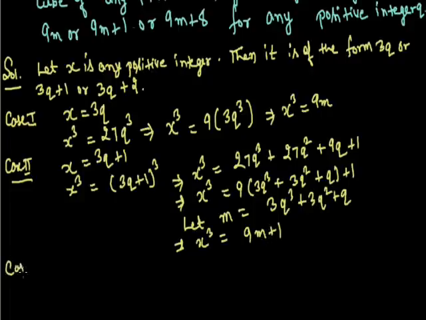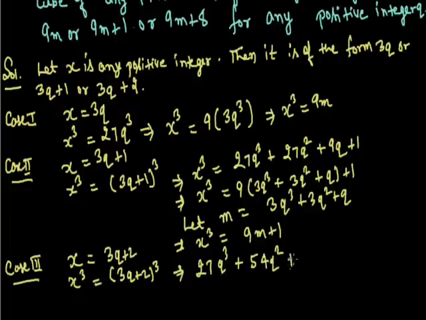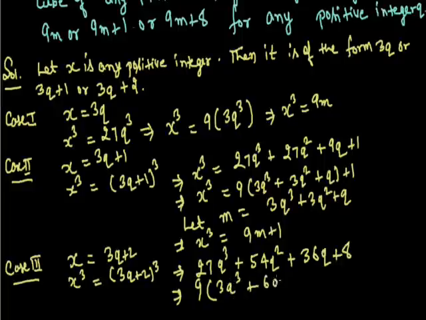Now case third, x is equal to 3q plus 2. Now again cubing both sides, x cube equal to the whole cube of 3q plus 2. So this is equal to 27q cube plus 54q square plus 36q plus 8. Now again taking common 9 from the first 3 elements, 3q cube plus 6q square plus 4q, plus 8.